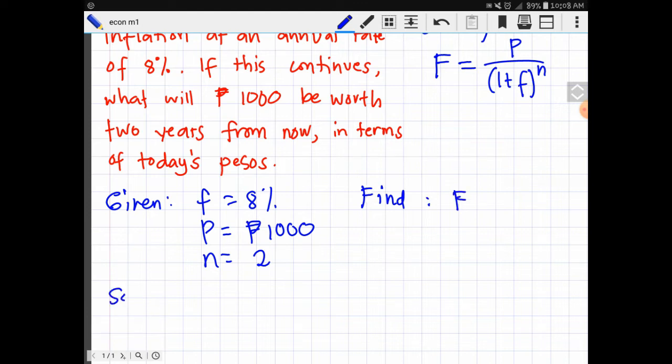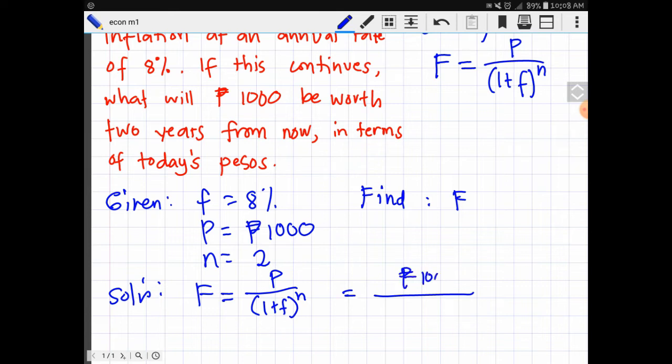Okay? Then for the solution, gamitin natin yung formula for inflationary economy. F is equals to the P over quantity 1 plus F raised to n. So that would be, substitute nyo lang, 1,000 pesos over 1 plus yung F natin ay 8% raised to 2. Okay?